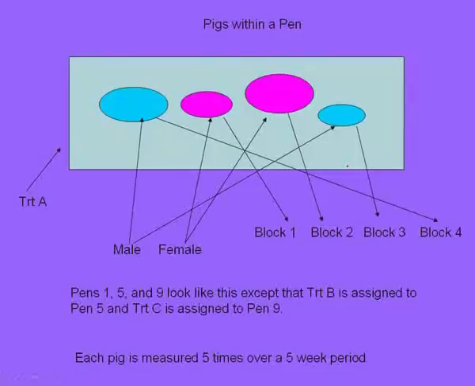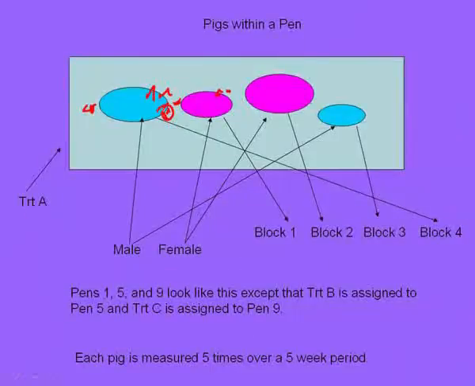Here's what the pigs might look like in one of the pens. Put little tails on them if you want. Put little ears on them. The snout. So anyway, I've got big pigs. The blue ones are males. Big blue is a big one of the pigs that's in the big block. Remember, we blocked according to weight.